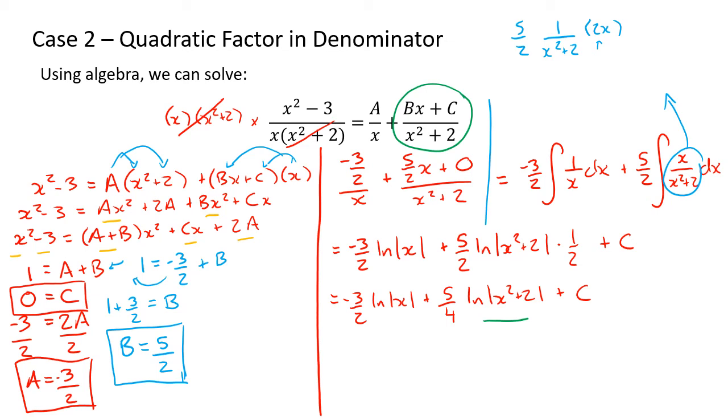Okay? If your item in the denominator was, let's say, x squared plus x plus, call it 3, and you had an x term in here, that's when you would see a constant c here. Okay, in our instance, since we didn't have one, there was no constant c.